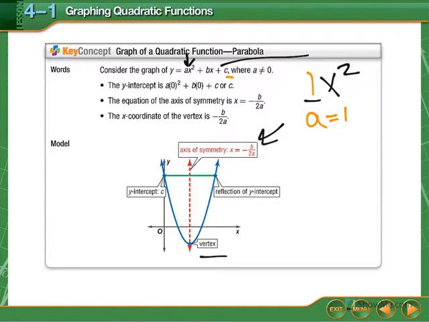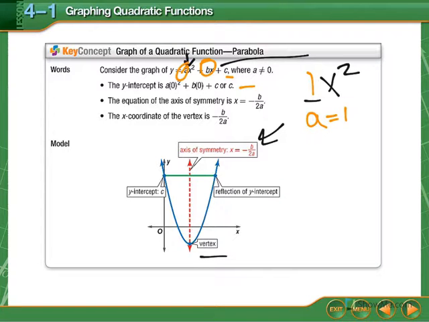The y-intercept: if you replace x with 0, you should be able to find where your parabola crosses the y-axis. The equation for the axis of symmetry is x equals negative b over 2a. So you're going to take your middle term here and put it over 2 times your first coefficient.